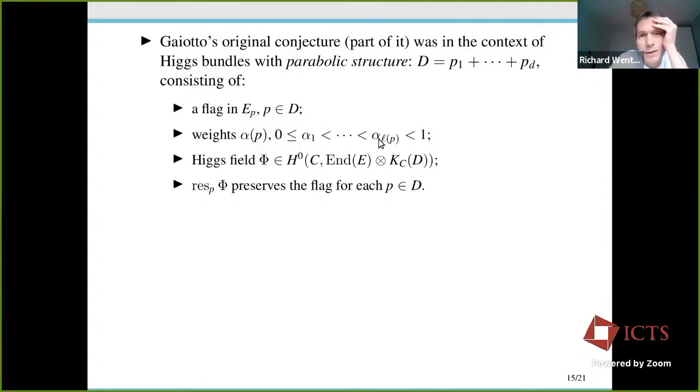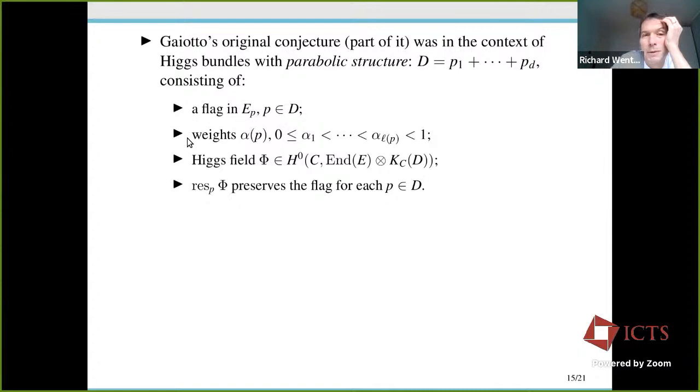And here, the number of weights has to correspond to the type of the flag. So a full flag would have n weights, namely the rank of the bundle, and the other parabolics will have different numbers here. Okay, so that's what a parabolic bundle is.